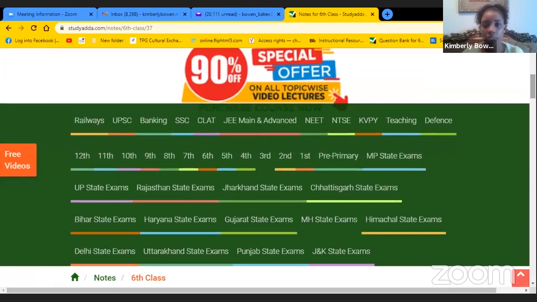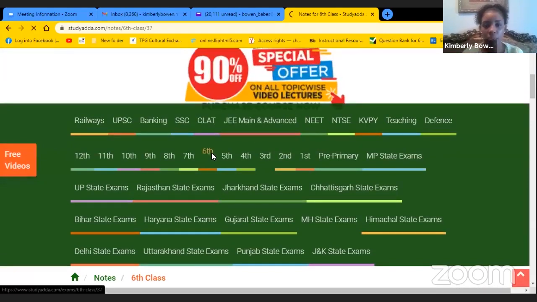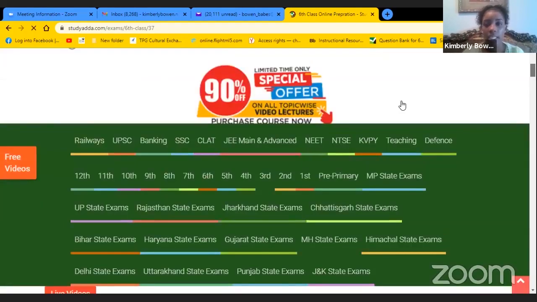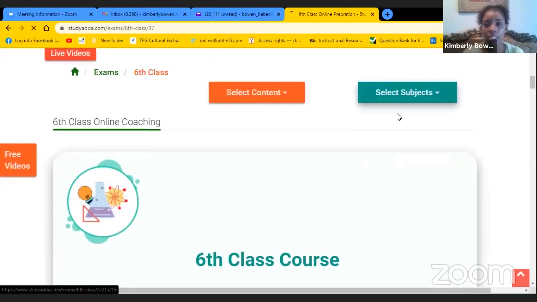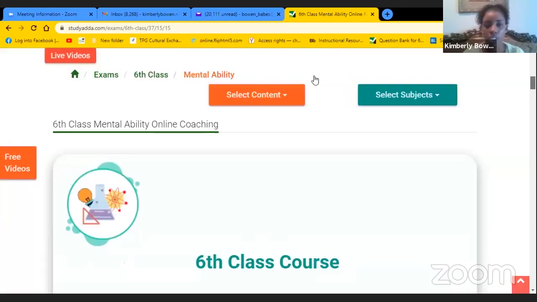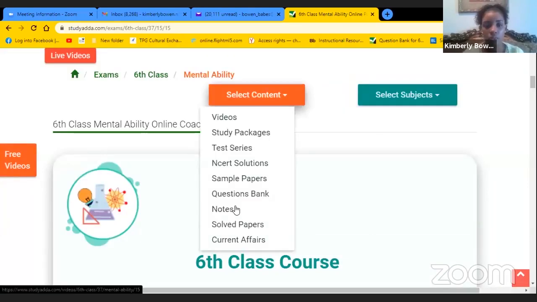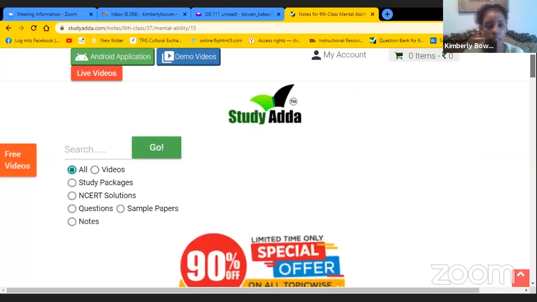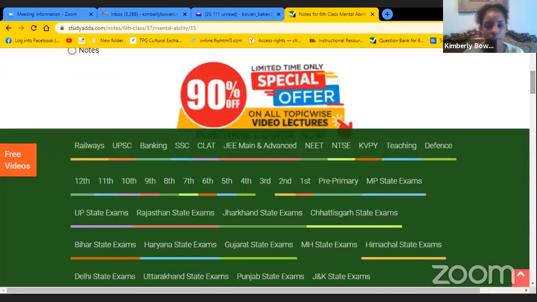All right, I'm going to be selecting it from the top here. Something is wrong with how it's being selected from the bottom. I'm going to be selecting it from the top and then selecting the subject to be mental ability and the content to be the notes from those two tabs there at the top of the web page.